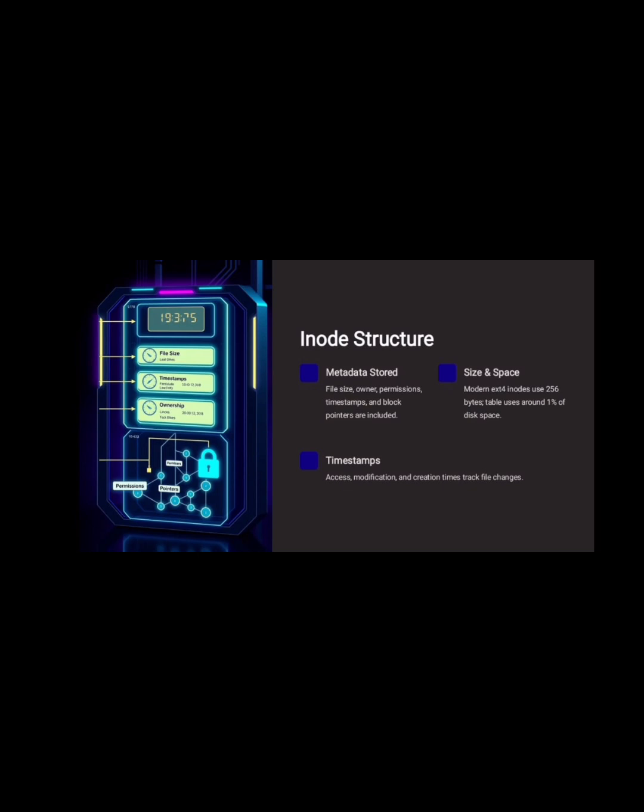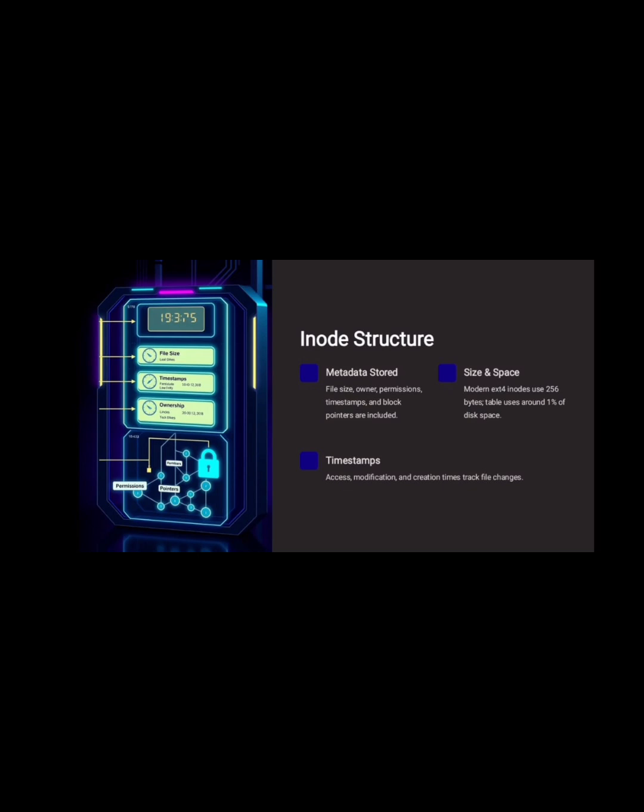Information stored in an inode is the file type, such as regular file, directory, link, etc. File permissions like read, write, execute, for example user, group and others.